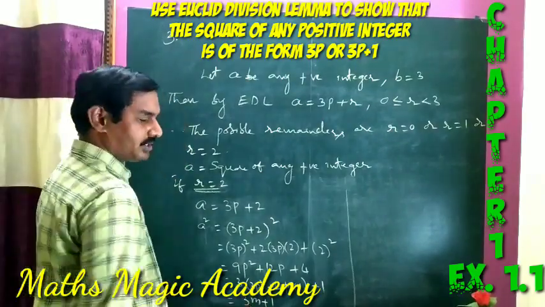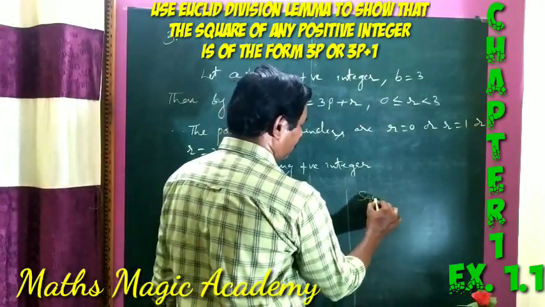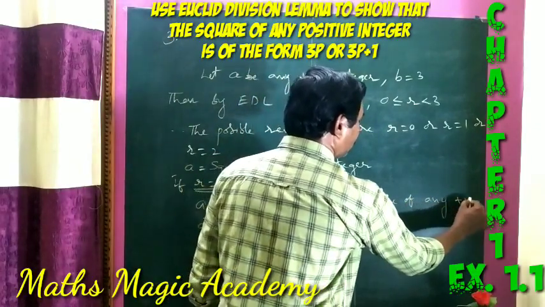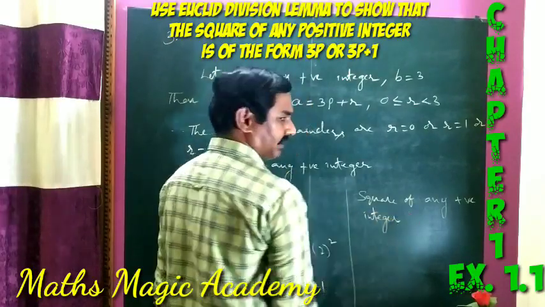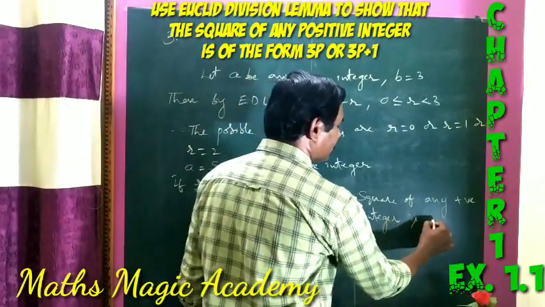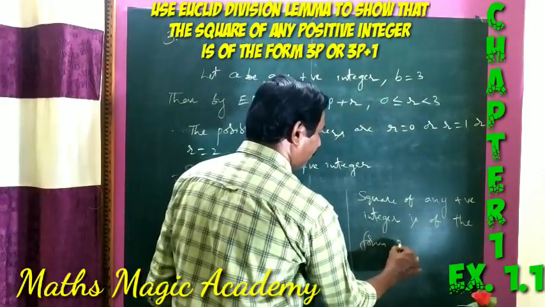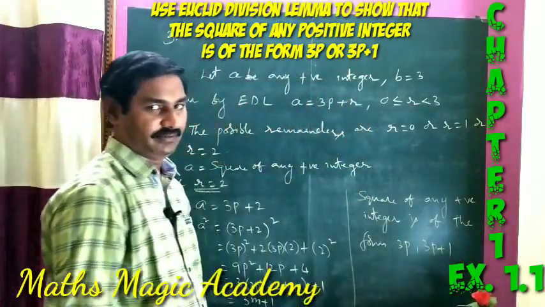From this, what did you understand? The square of any positive integer is of the form 3p or 3p plus 1.